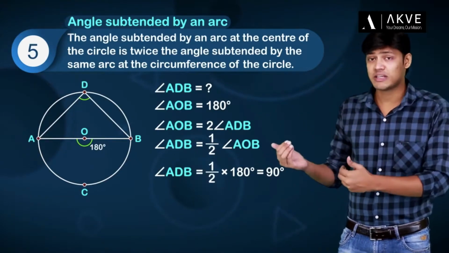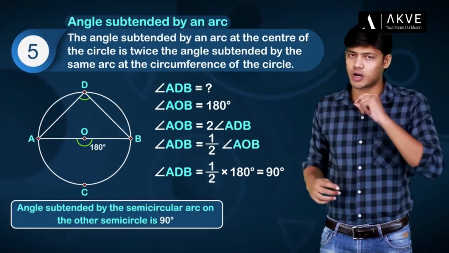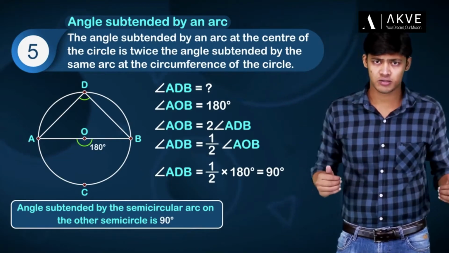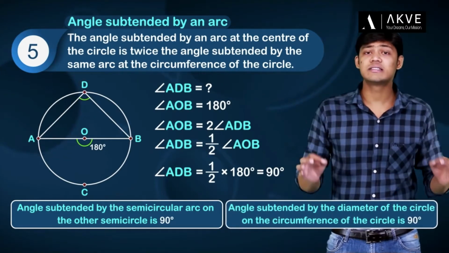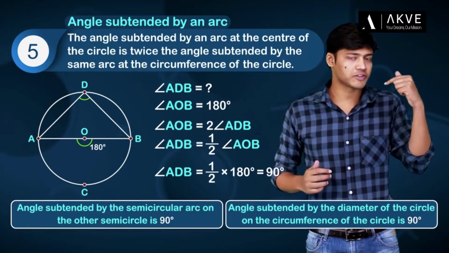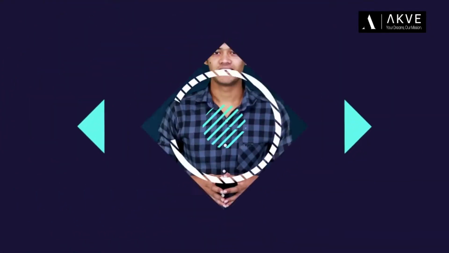So from this we can conclude that the angle subtended by the semicircular arc on the other semicircle is 90 degrees, or the angle subtended by the diameter of the circle on the circumference of the circle is also 90 degrees.